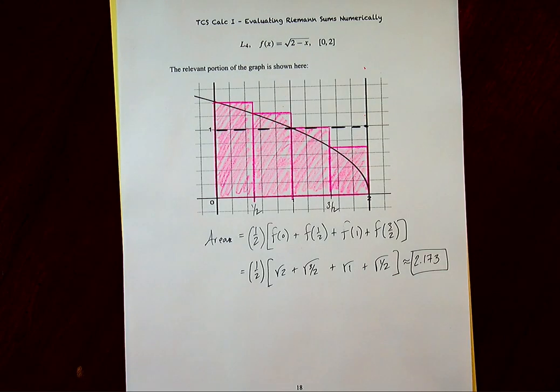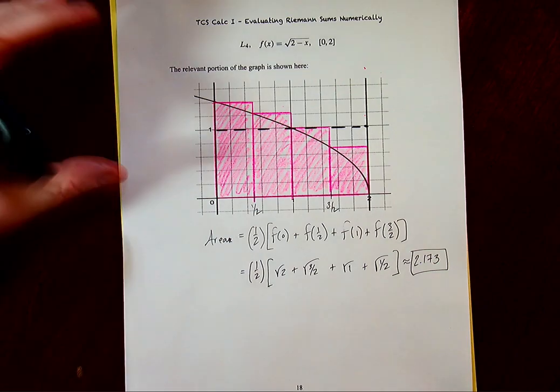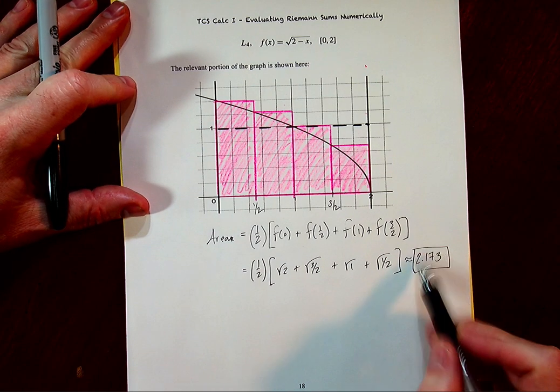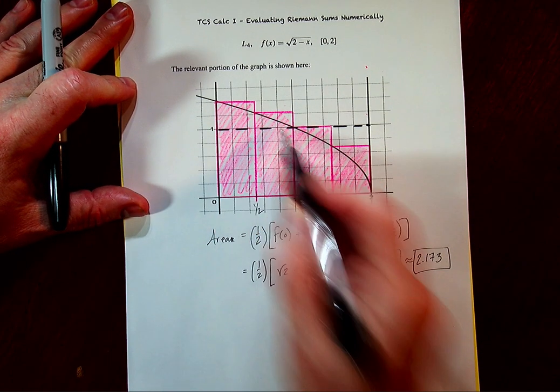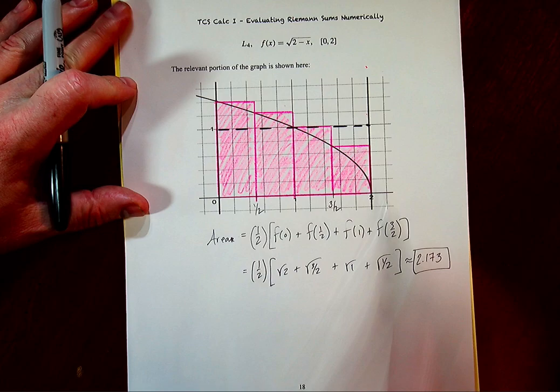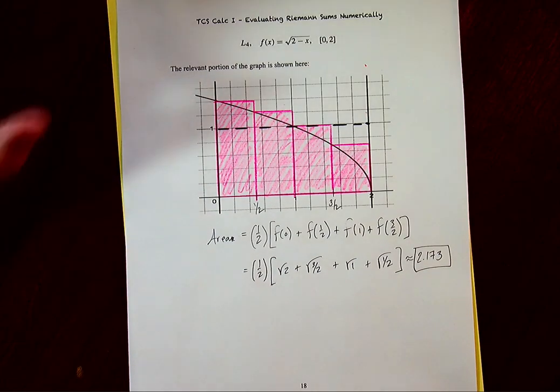That rectangle has an area of 2, right? Now, even that rectangle is going to be an overestimate. And what you see here is that your calculation is within that realm because you have a little bit over that rectangle and a little bit under that rectangle.